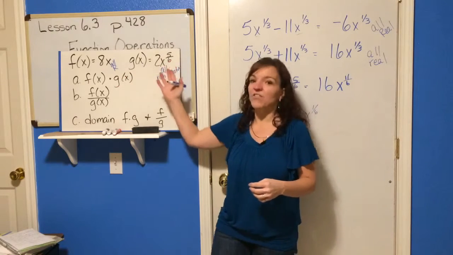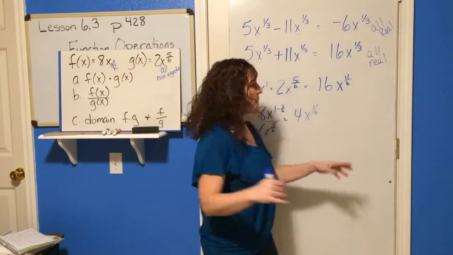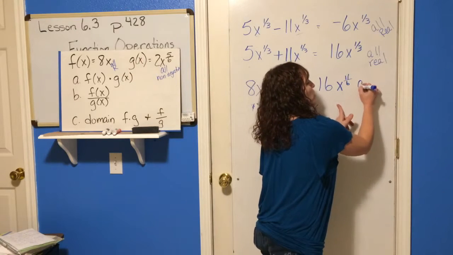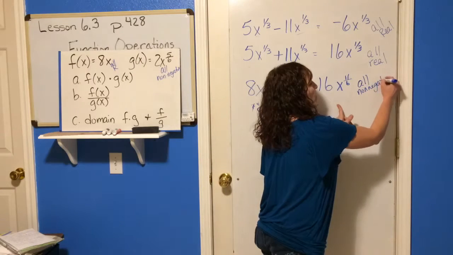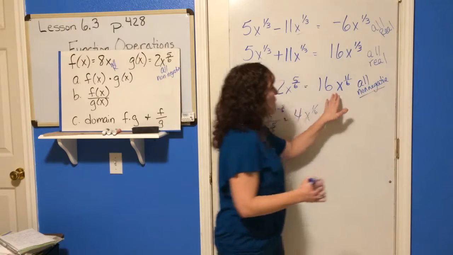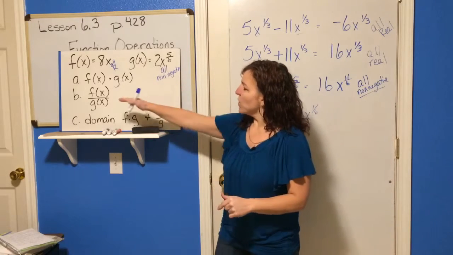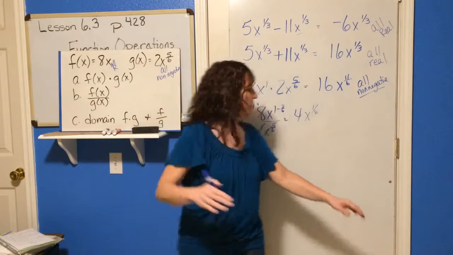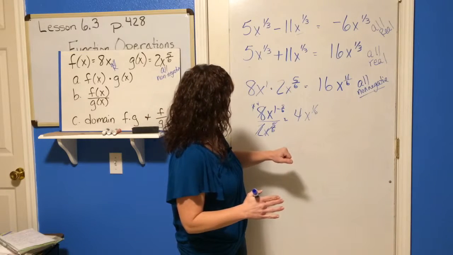So all non-negative numbers has to be our domain because all real numbers won't work now. So all non-negative numbers is our domain for 16x to the 11/6 power. All right, so now when we divide, our answer is, what happened? Do we not have any?